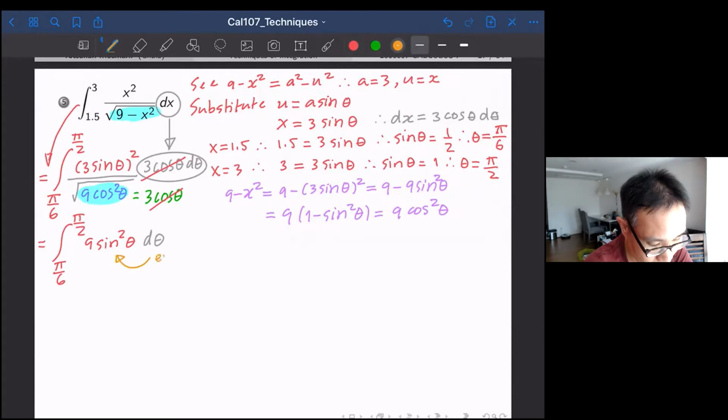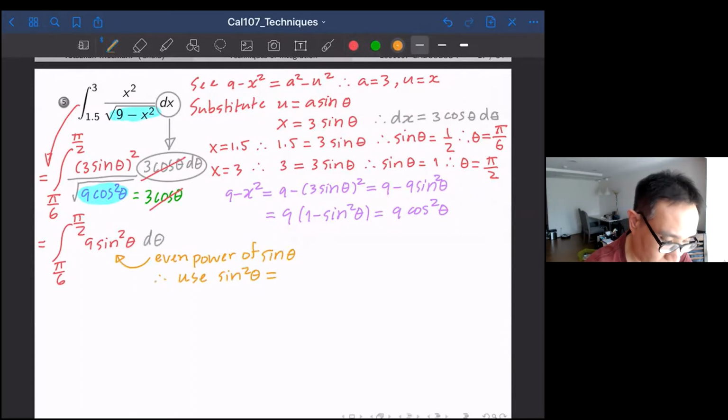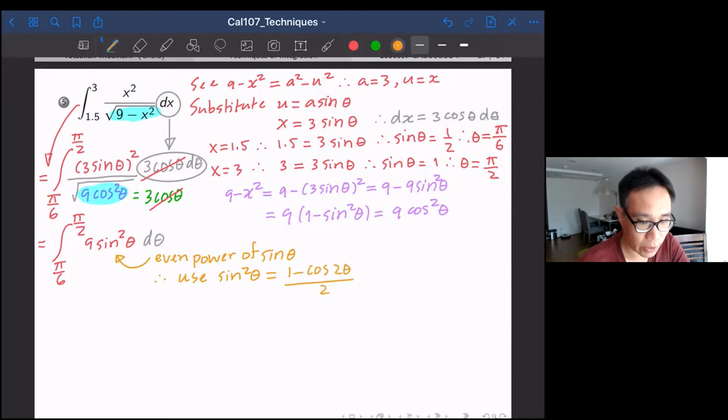This is an even power of sine theta. So you're gonna use sine squared theta and change it into the double angle, equal to 1 minus cos 2 theta over 2. Okay, so this one is going to be using the double angle.